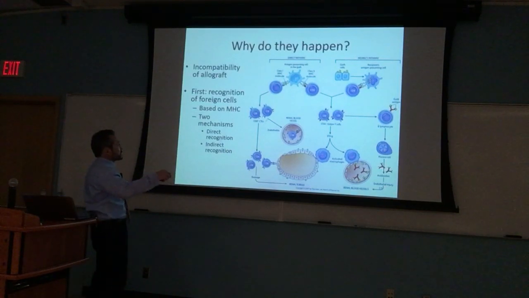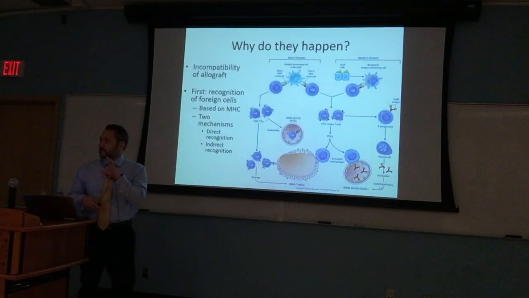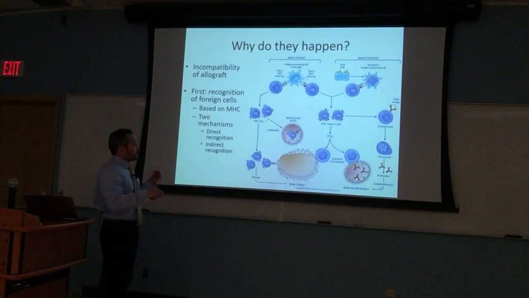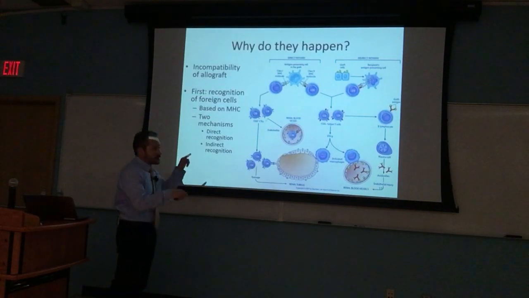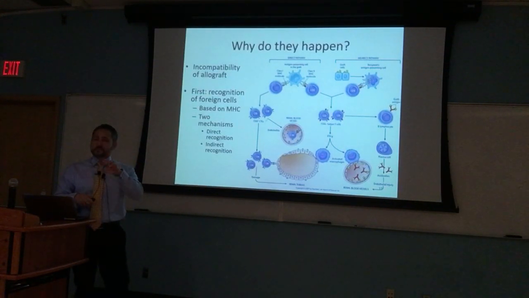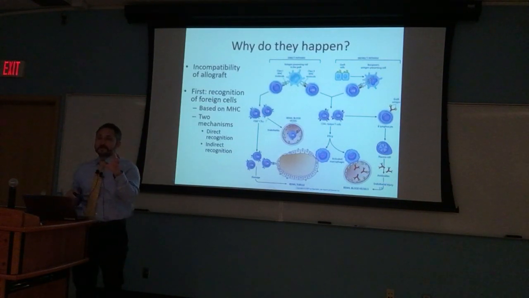So in the case of the CD8 and MHC class 1, you're going to get into the circulation within the kidney itself, the renal blood vessels of the donor tissue, and you're going to attack the endothelial lining because those endothelial cells have that same MHC class 1, right?